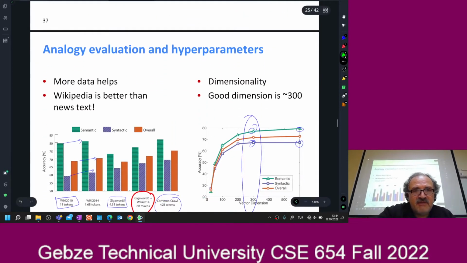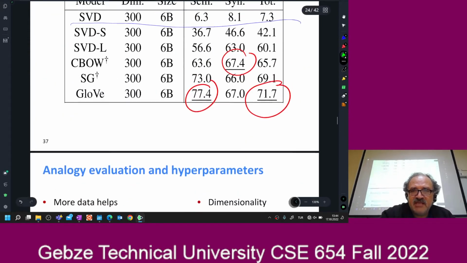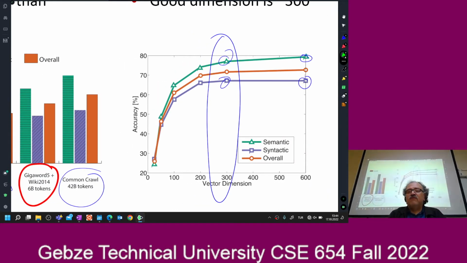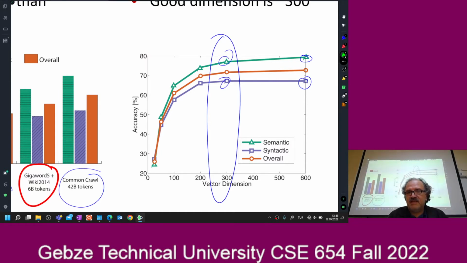Again, these are intrinsic evaluations. And once you do this kind of experiment, you immediately start asking what kind of dimension is a good dimension. So I repeat my analogy experiment with different dimension sizes on the same data. If I keep my dimensions at maybe 20, my accuracy is not more than 25%.